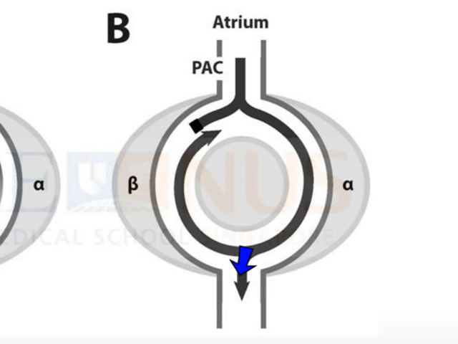Because the alpha tract conducts signal slowly, by the time it reaches the ventricle, the fast recovery beta tract is no longer refractory and is ready to conduct signals again. The signal is then conducted retrogradely up the beta tract. On reaching the atrial end, the fast recovery alpha tract is no longer refractory and thus conducts the signal down the alpha tract again, and the cycle repeats itself. Thus, the re-entrant loop is established.